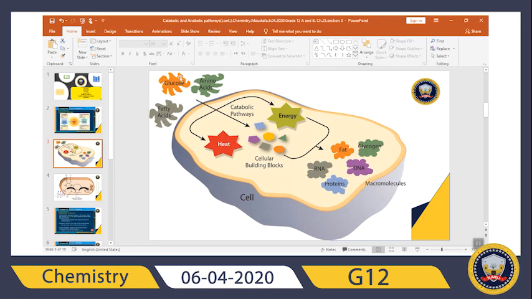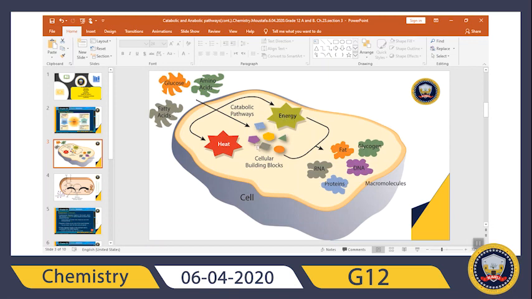Then these molecules will enter the cells for the catabolic pathway. Catabolic pathway means breakdown of these molecules according to the pathway, and production of small particles and energy.